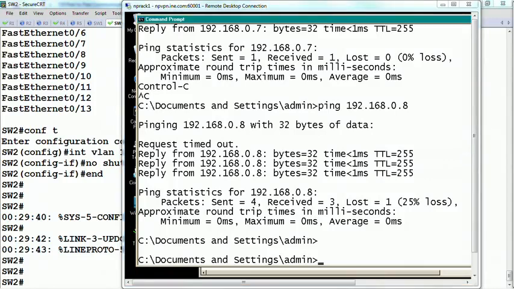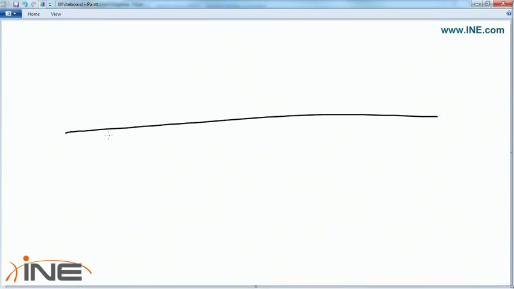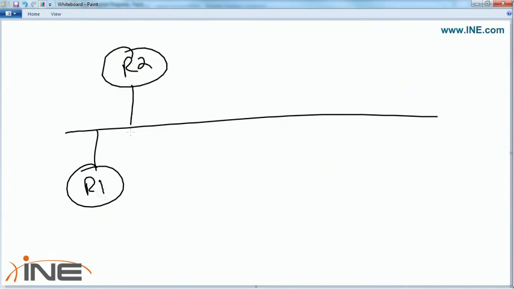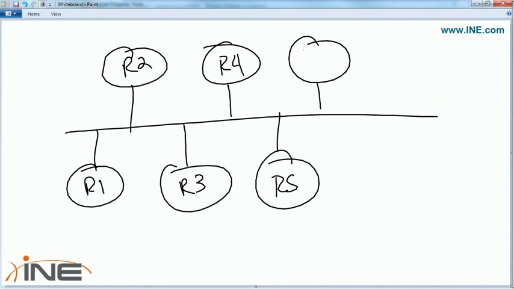Now, if I were to look at this from a logical topology point of view, we know that in the physical topology, the network is wired like this. But from a logical point of view, the network is going to look like this, where router 1, router 2, router 3, etc., all of these devices appear as if they're on the same local area network, on the same LAN.